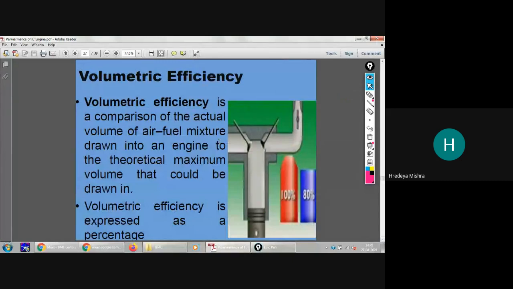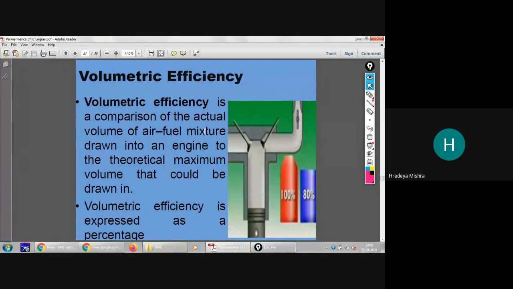So now volumetric efficiency. What is the volumetric efficiency here? Volumetric efficiency is a comparison of the actual volume of air-fuel mixture drawn into the engine to the theoretical maximum volume that could be drawn.